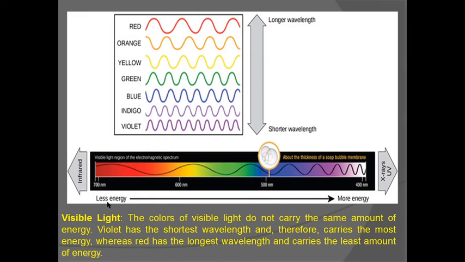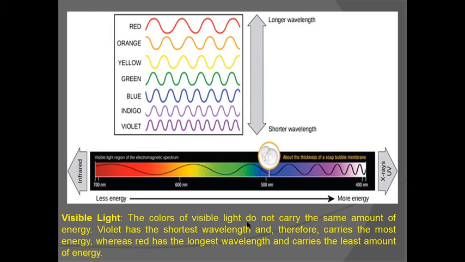See, this is less energy. The wavelength is more in red, orange, yellow, green, and now blue, indigo, and violet have the shorter wavelength, but they carry more energy.